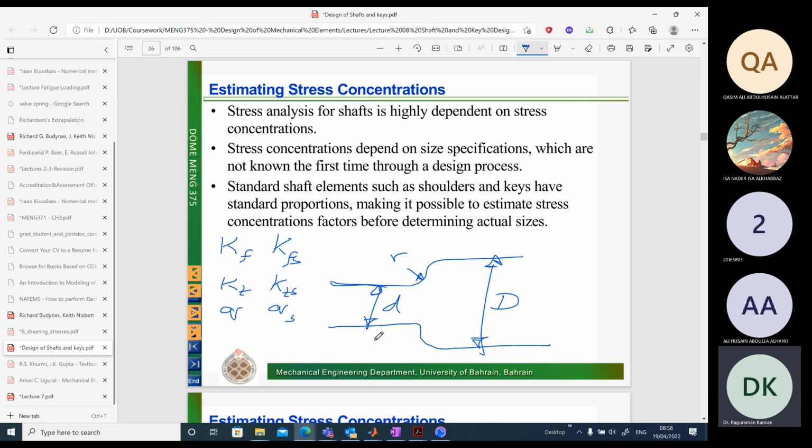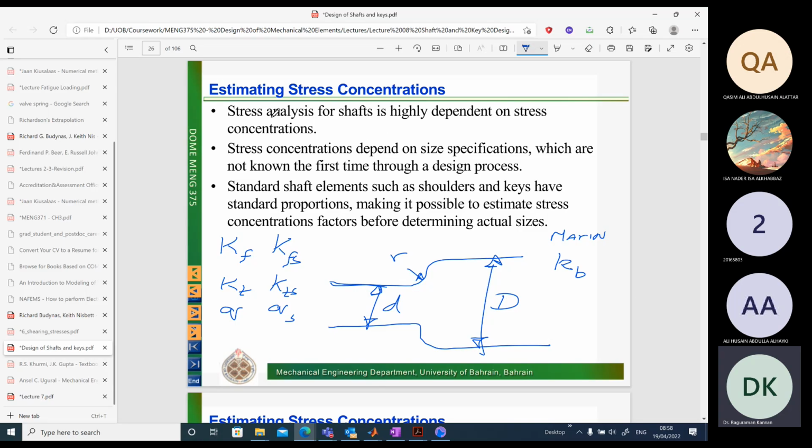Now, if you don't have any of these dimensions, none of these stress concentration factors can be determined. In addition, we also have the Marin factors. Okay, in the Marin factors, specifically the small kb value, which is the size factor, cannot be determined. So how do we proceed?